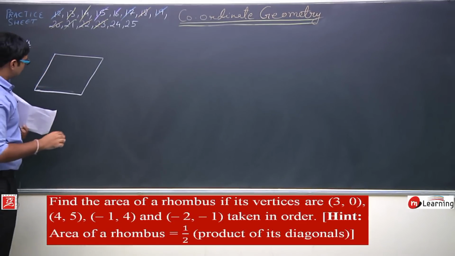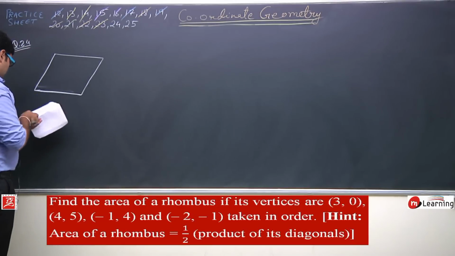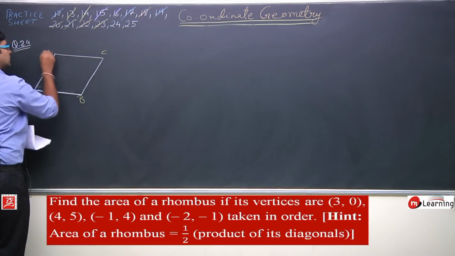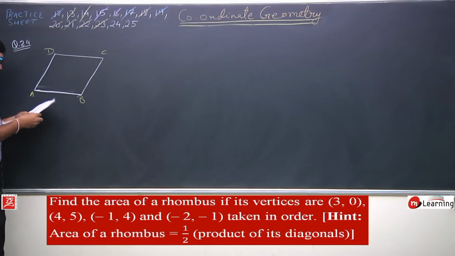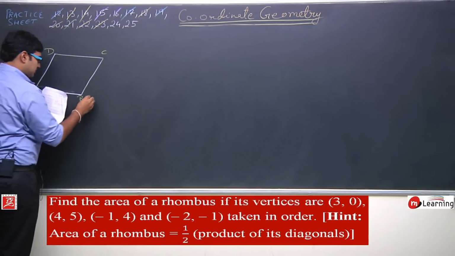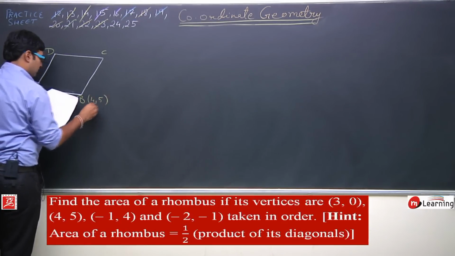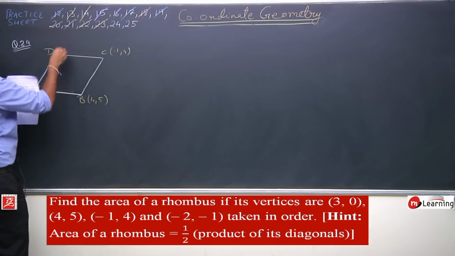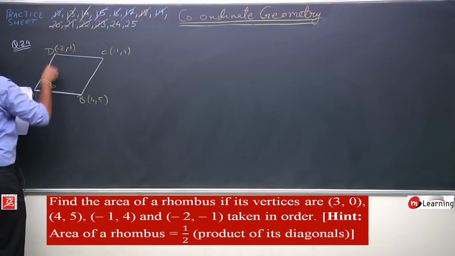Okay, let us assume that this is a rhombus and these are the points A, B, C, D. The coordinates of the first point are, let us say, (3, 0). This is (4, 5). This is (-1, 4) and this is (-2, -1).